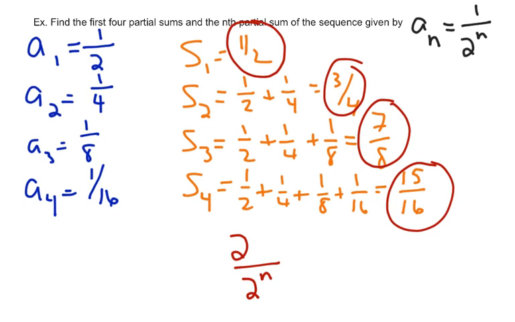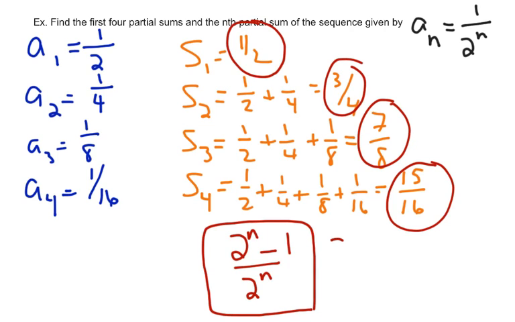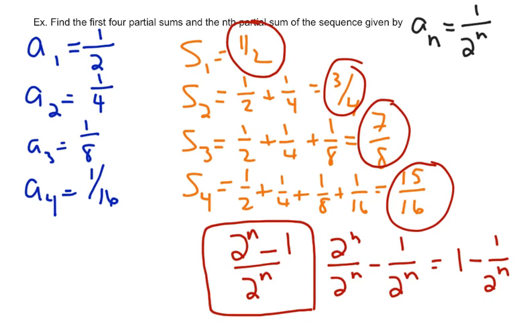So they're the denominator minus 1. So this is one way of writing the nth partial sum. Another way of writing it is to separate this into 2 fractions, in which case it would be 1 minus 1/2 to the n. But either formula works.